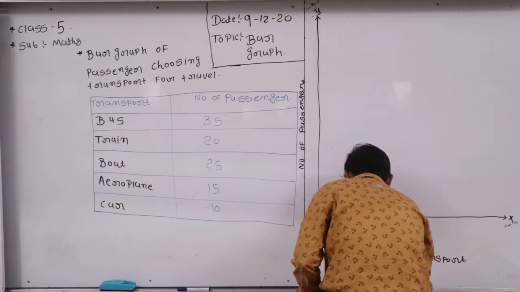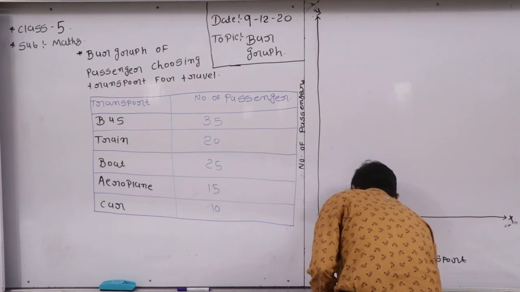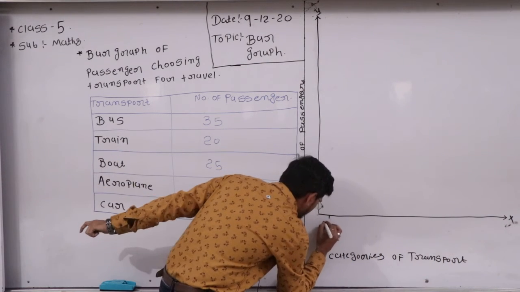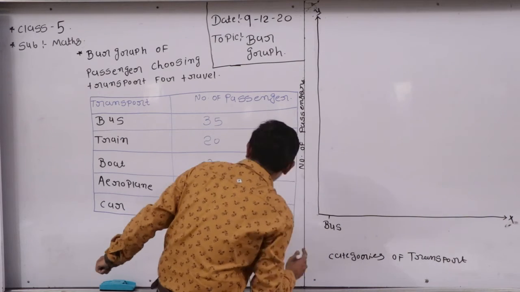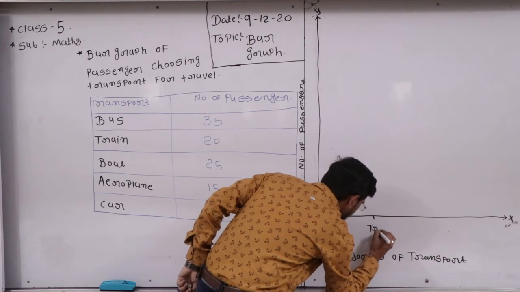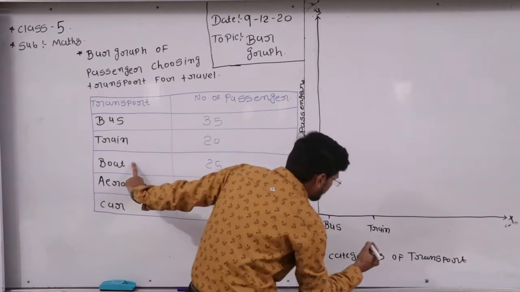So here we write down the first category of transport, bus. Second is train. Third one is boat.